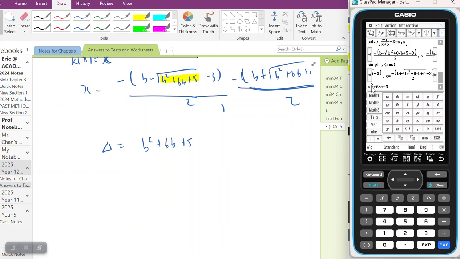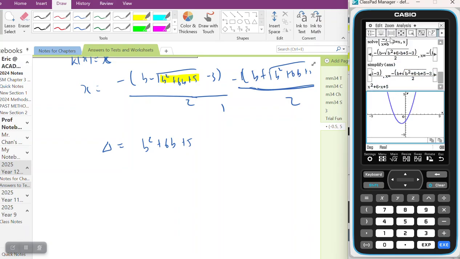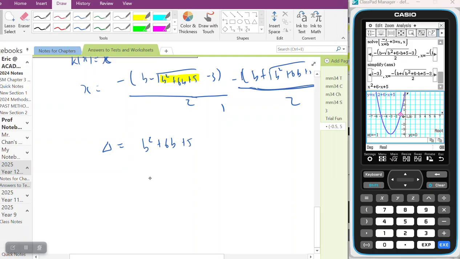So remember, if you graph it, you get... I'm just going to delete the original graph, clear all, and then graph this. Analysis, G-Solve, roots: -5 and -1. So we've got -5, -1.